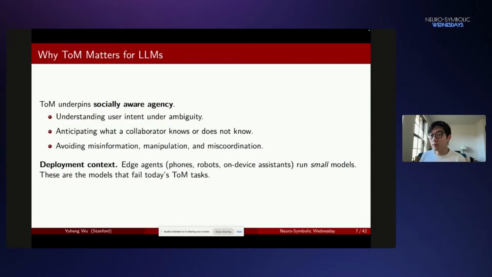This is useful for avoiding misinformation, manipulation, and miscoordination, so it is extremely important for socially aware agents. In real-world deployment, we use edge agents on our phones, on robots, and on-device assistants. They run small models, and it seems these models can pass today's theory of mind tasks.